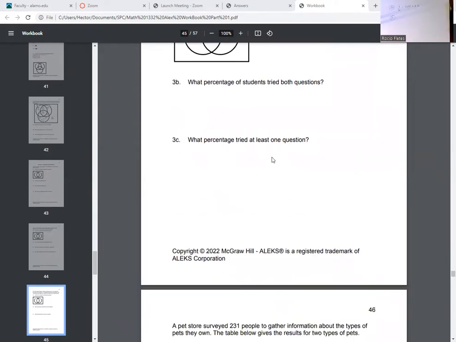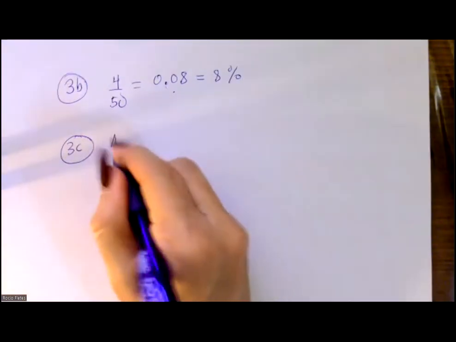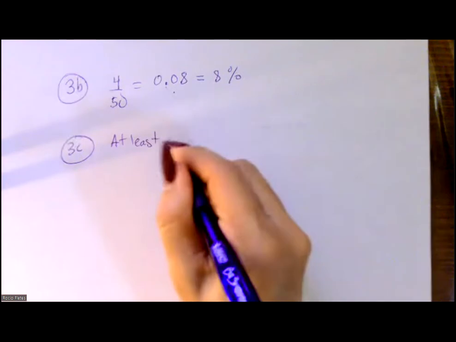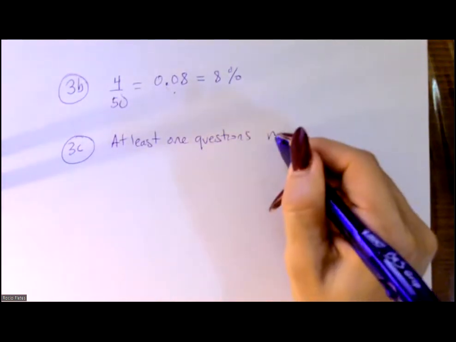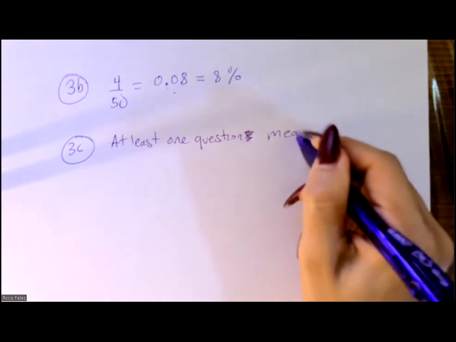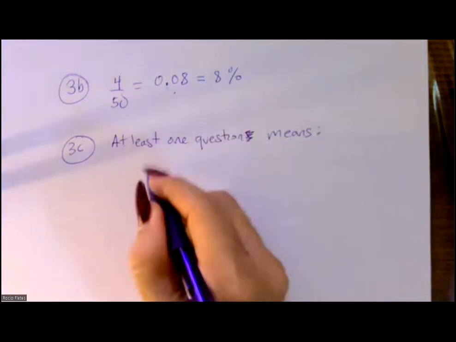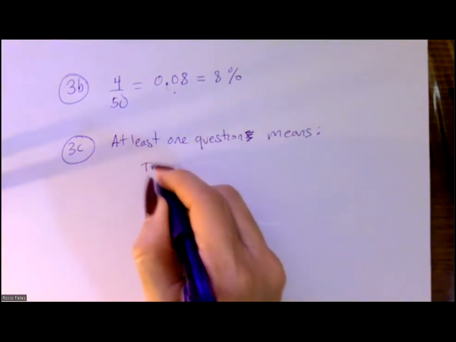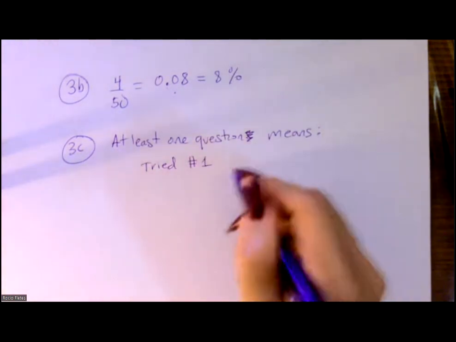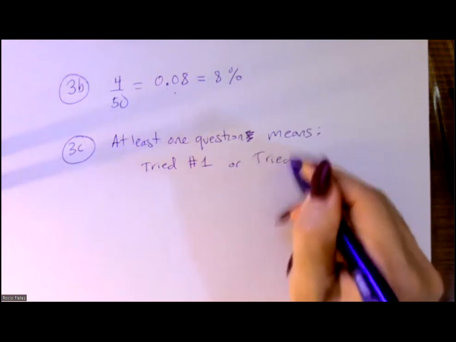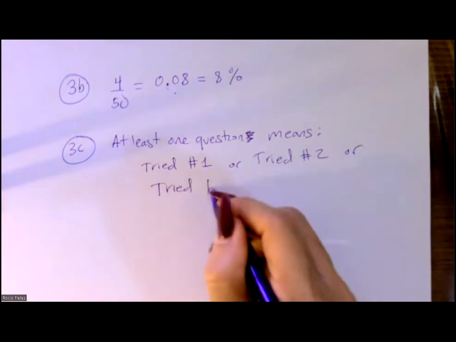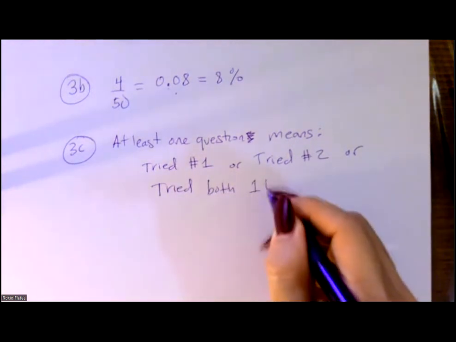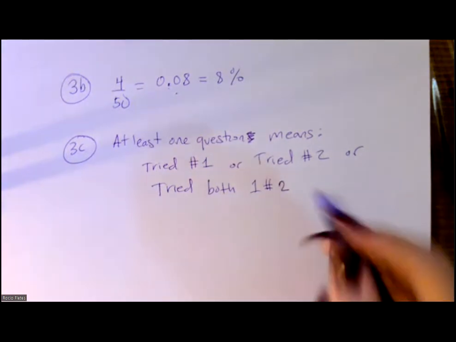What percentage tried at least one question? Okay, let me stop sharing here so I can explain. At least one question means they tried number one or tried number two or tried both 1 and 2, right?